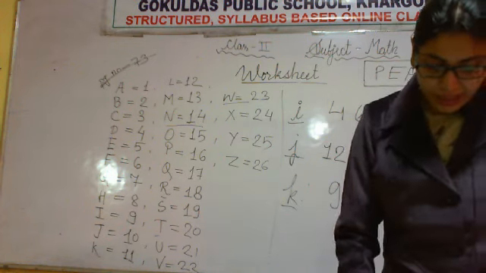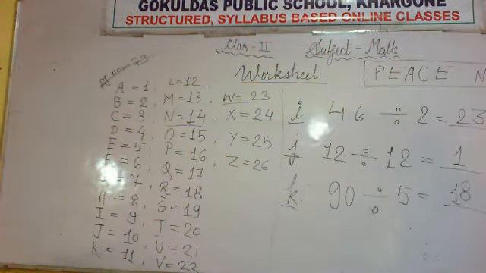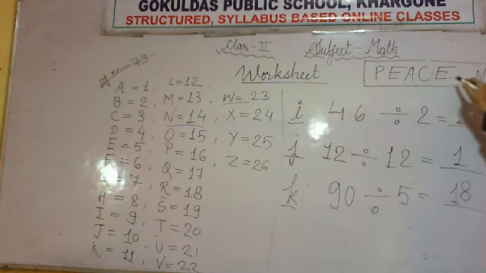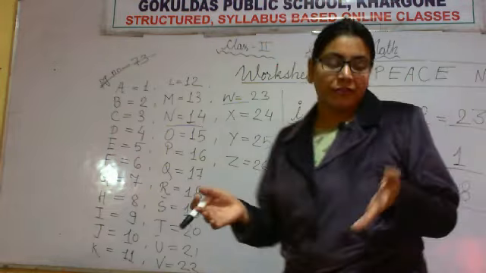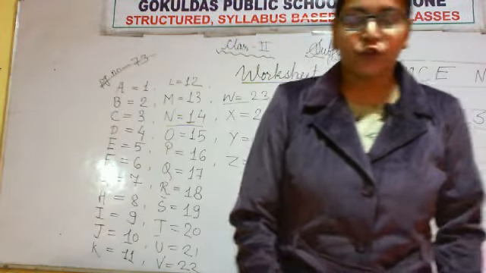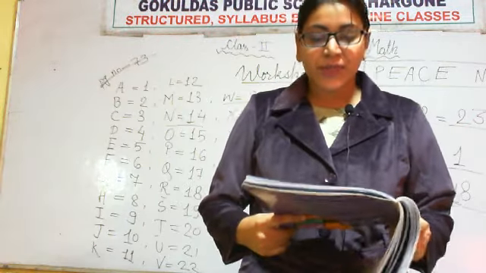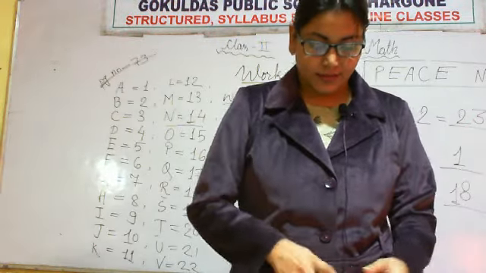So all the clouds we have solved. Now P-E-A-C-E, peace, and N-O-T, not, W-A-R, war. Peace, not war. It means we should not fight or wage war, we should maintain peace. So a very nice message given by the book.